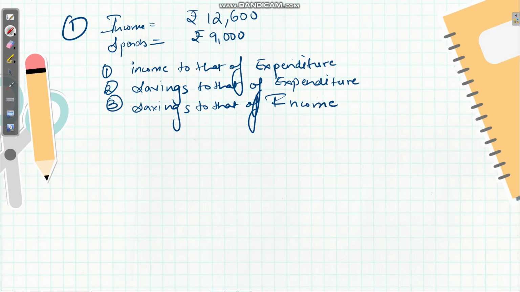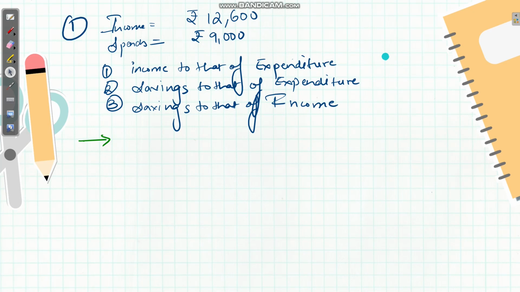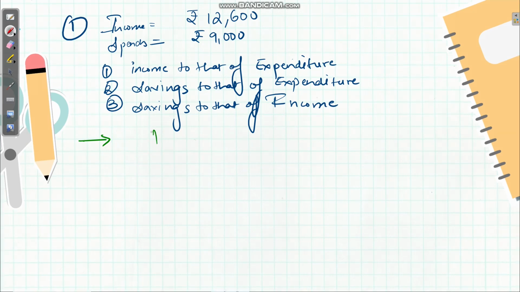Now let's solve and find out how to find the answers for all the questions. First of all, income is given to us. Whatever he spends, that's given to us. We don't know the saving part over here. So let's find how much he saves. There's a formula for this: income is equal to savings plus his spending or his expenditure.